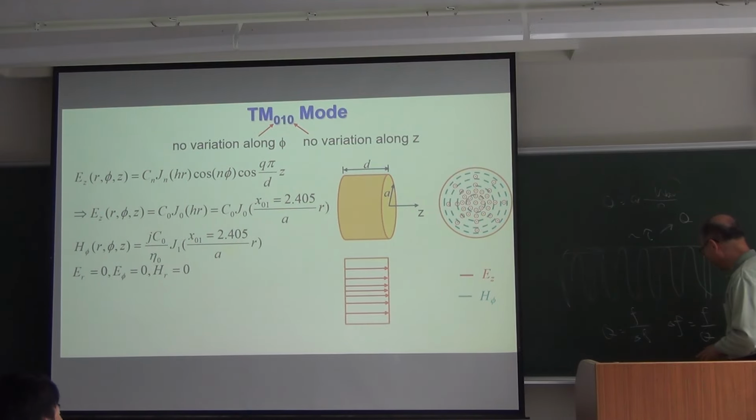So the frequency, well, you know the frequency of your wave, but you need to set your frequency within such a small value. For example, the first thing is that you move the frequency a little bit up from the cutoff frequency, and then you want to excite this, right? So you pump it in, say with one antenna into the cavity, and then you start to crank up the power.